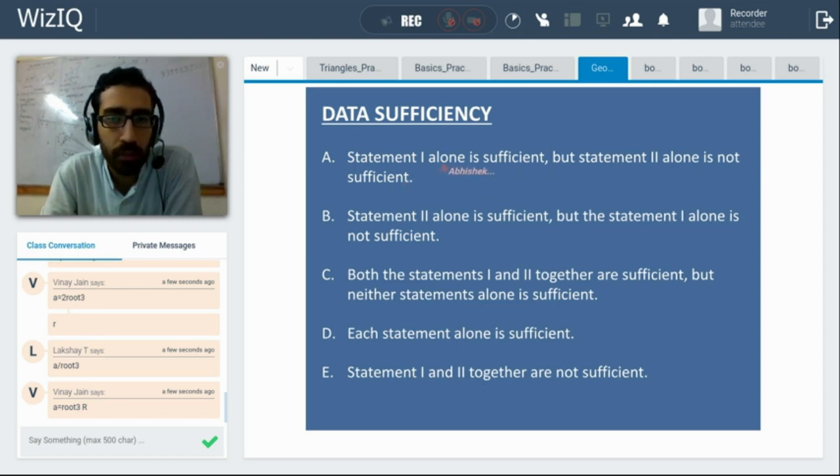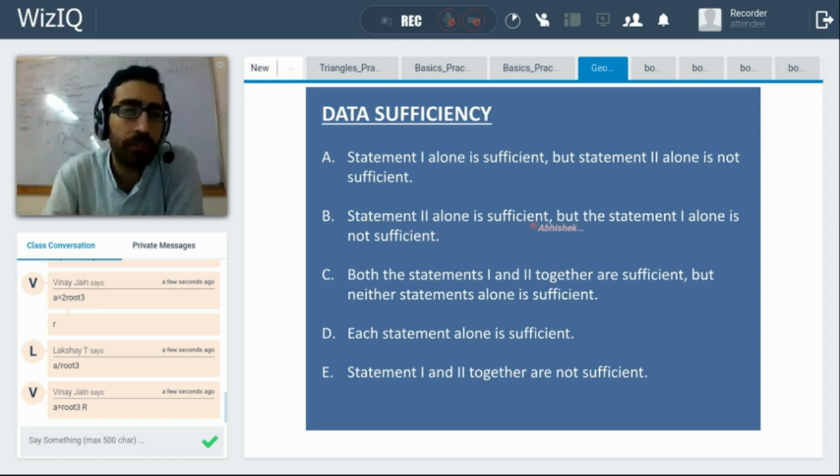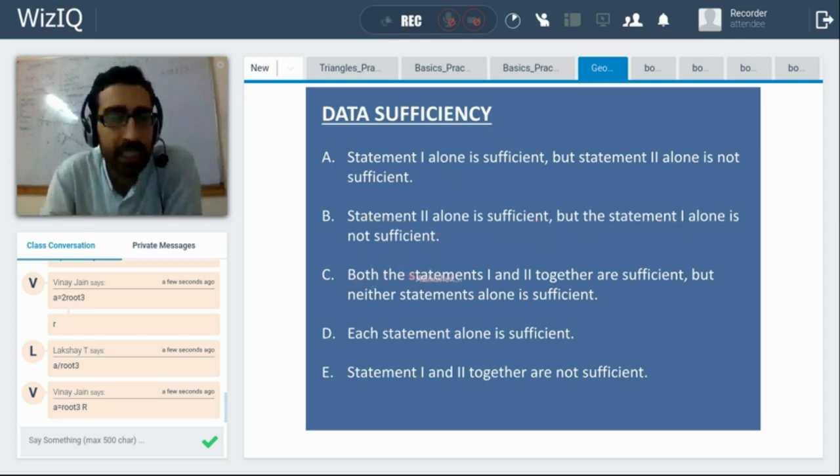So if you can solve through 1 alone but not through 2 alone, then A is the right answer. B is the right answer if 2 alone is sufficient, but 1 alone is not sufficient. C is the right answer if you must combine 1 and 2, which means neither statement alone is sufficient. D, of course, is the right answer when either statement alone is sufficient, and E is the right answer when by no means can you calculate the answer, that is, even statement 1 and 2 together cannot help you solve the question.